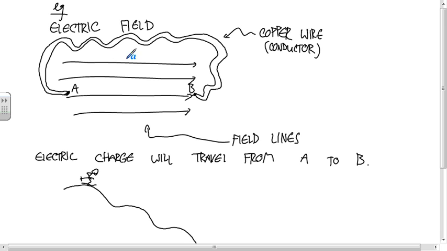Well, they don't have to. This could be outside a thick wall where whatever is causing this electric field isn't there in the presence of the wires. All the charges know is the promised land is over here, and they don't want to be here because the electric potential's too high here. Let's go to B, and they'll just find their way there. It doesn't matter about what's going on here.